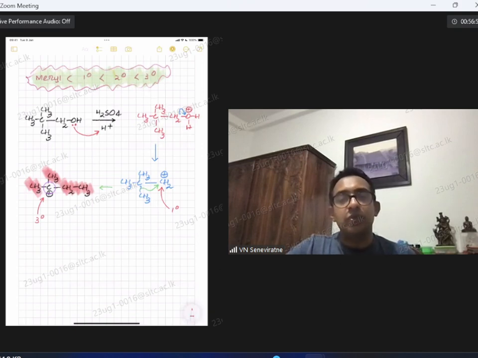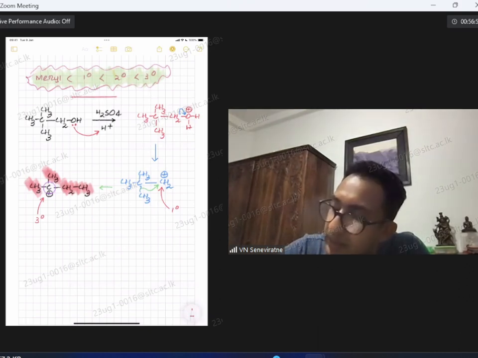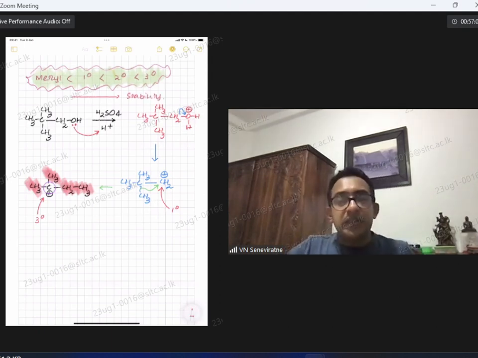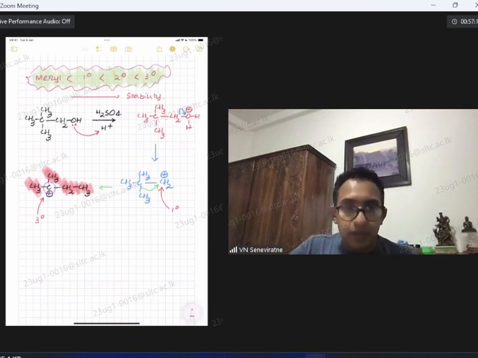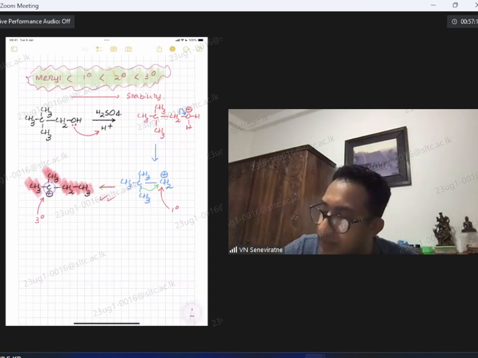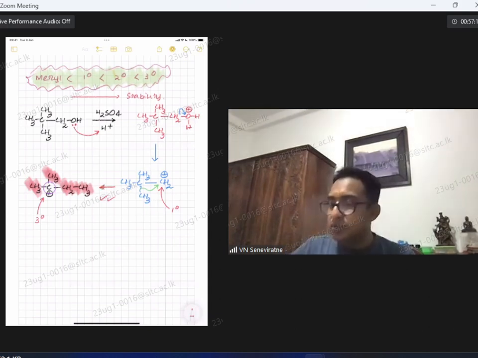Tertiary carbocation is more stable, I told you. So here the stability increases in that direction. If it is a tertiary carbocation, rather than keeping it as a primary carbocation, it likes to go into the tertiary carbocation. So this process takes place really well. So you come to that point.